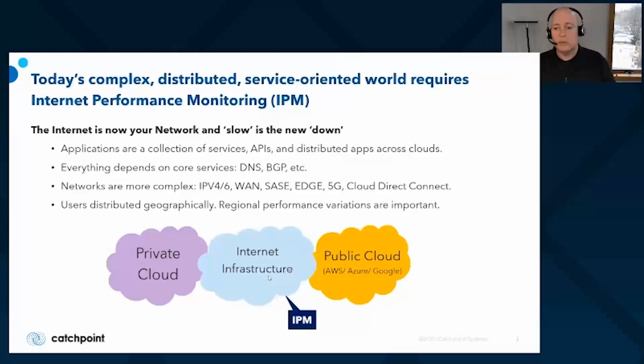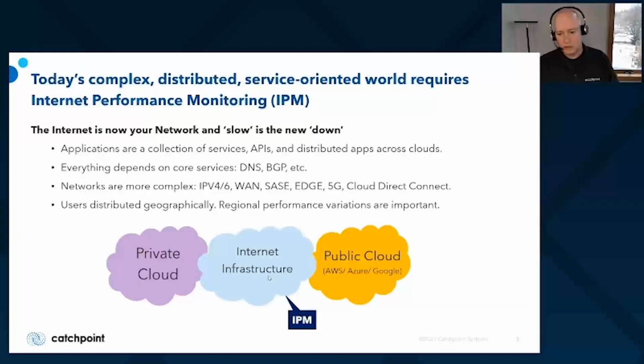So you've got to be aware of what's going on in the internet, because your applications are fine. You've got them on a variety of different clouds, but everything's going to depend on the core services of the internet, that infrastructure that runs and connects everything. We're talking things like DNS or BGP, a variety of other bits and pieces that are making sure that everything can stay connected. As well, those networks have become much more complex over the last decade. IPv4, IPv6, the rise of SASE, things like Cloud Direct Connect, all of these are adding to complexity.